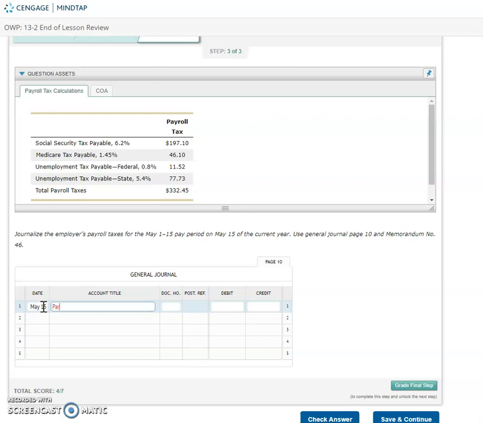And I am going to debit my payroll taxes expense. It tells me I'm going to use memorandum 46. And I'm going to debit that payroll taxes expense for the total amount, 332.45. And now I'm going to credit each individual payable account. Social Security tax payable, I'm going to credit for 197.10.